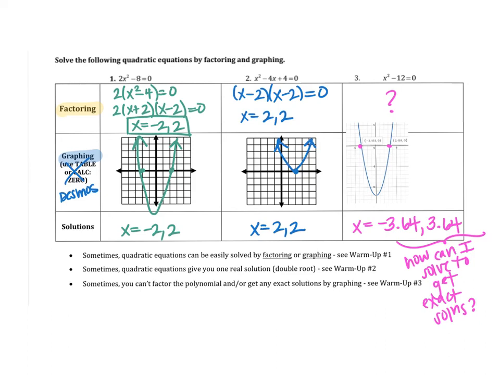We can't factor or get exact solutions. While approximate solutions are great, we're not going to write our final answers like that. It makes us a little sad. And so that's why we're going to need methods 3 and 4, the first one being inverse operations, to help us get exact solutions. Watch the next video and I'll walk you through some examples on how to solve those.